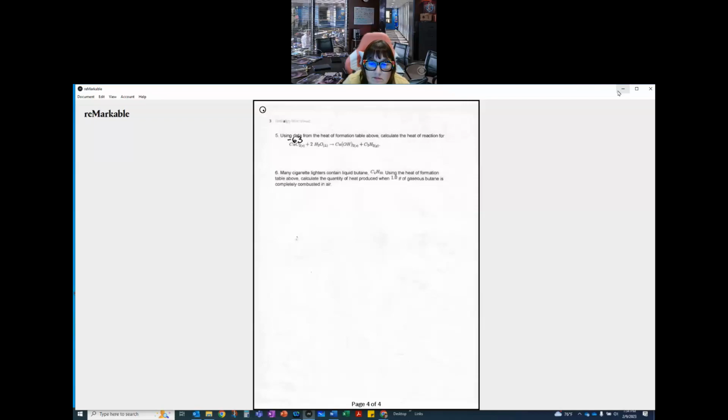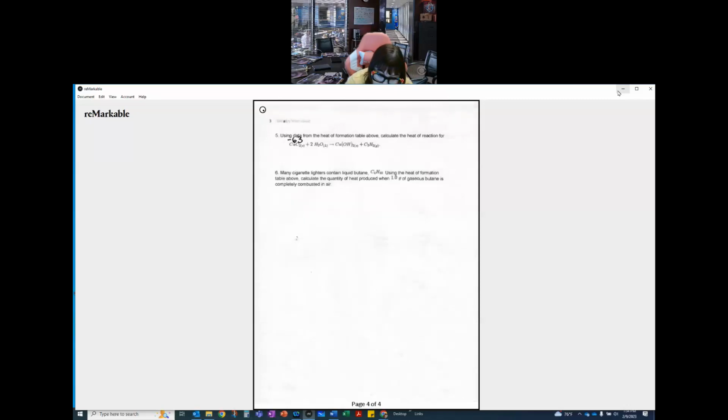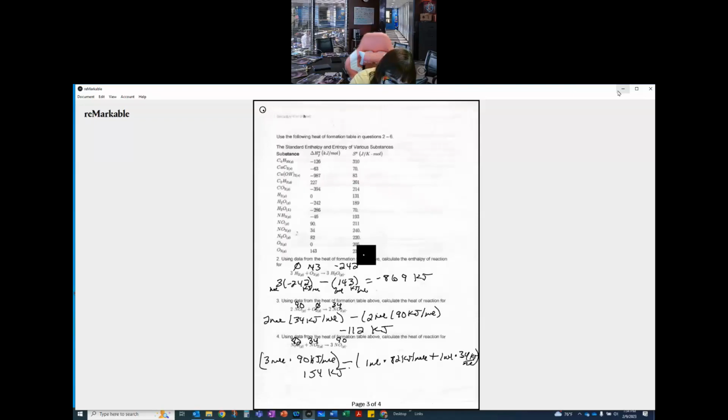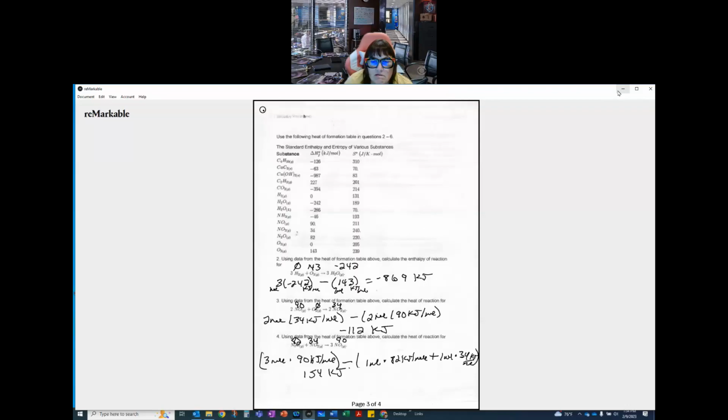H2O liquid, negative 286. Ca(OH)2, I see listed as negative 987. And the C2H2 is 227.